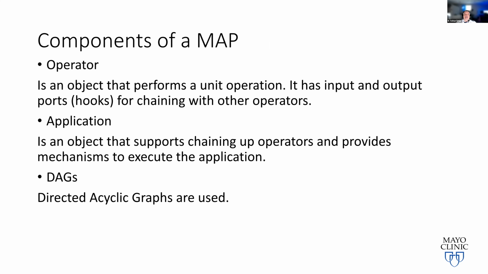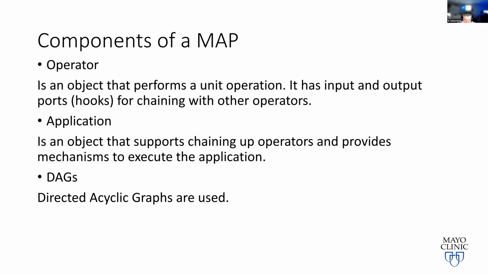So now we're getting a little bit deeper into this, but don't worry, I'll keep it as short as possible and get into the screenshots or screens, like live demos. So components of a MAP could be what we call an operator. You can think of it like a class if you're thinking in object-oriented terms, and they can be formed into an application. And those operators can be operated in a directed acyclic graph setting.